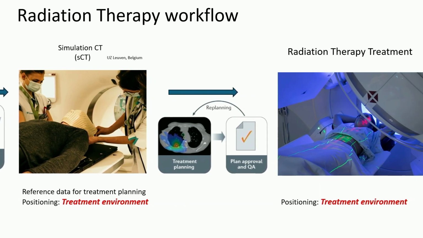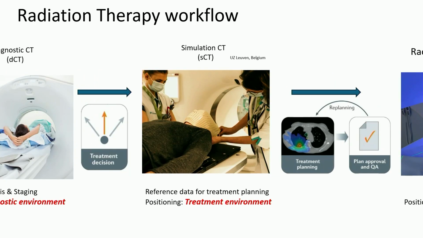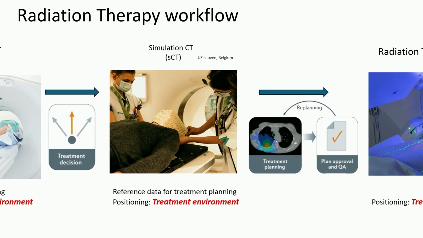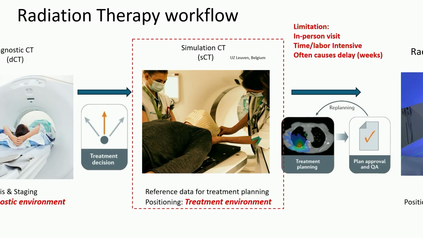Then, based on the planning image, the radiologist and medical physicist will do the treatment planning. Then the radiation oncologist will approve the plan. Then the patient will receive the radiation therapy. As you can see, the middle part, the simulation CT, is essential, which provides accurate dose delivery.